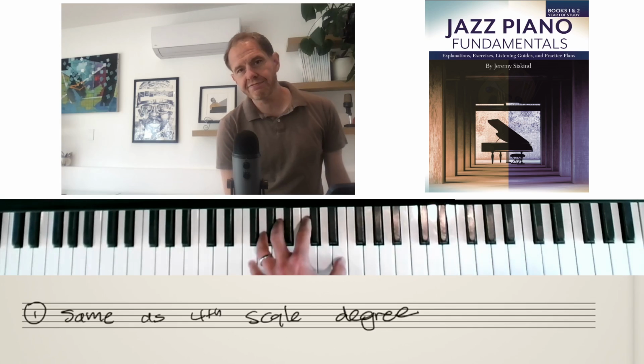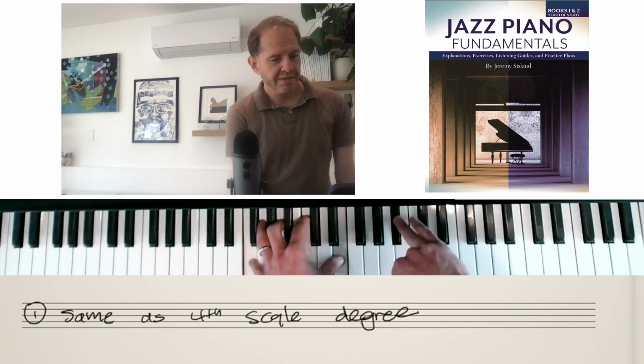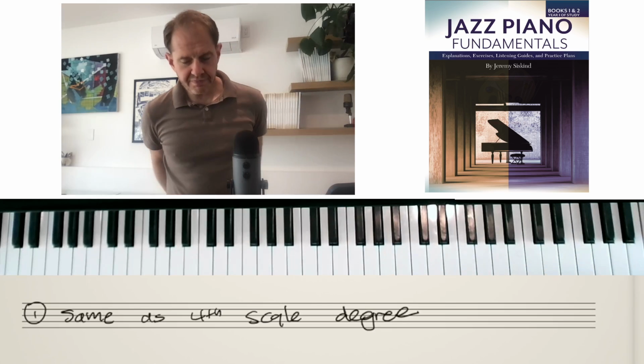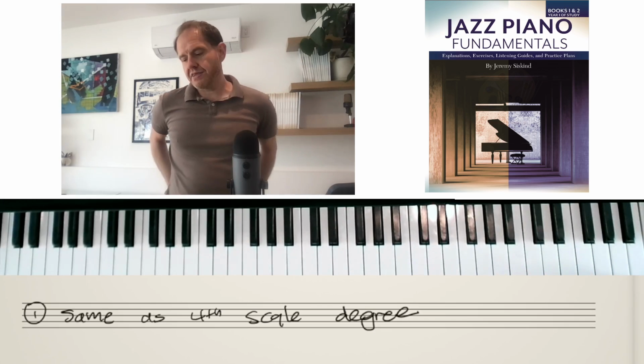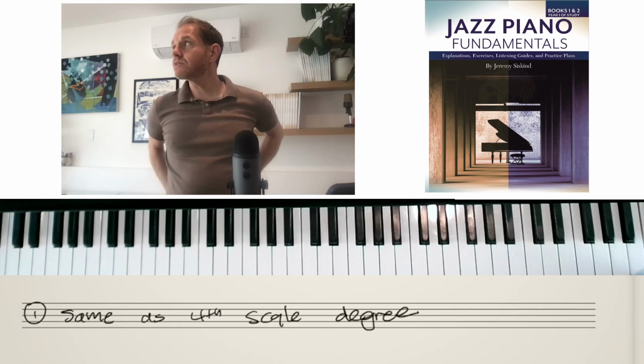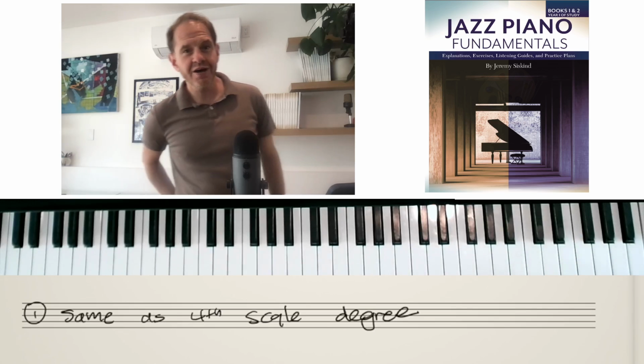F, G, A, B flat. That B flat is the 11th. Whenever you're thinking about upper extensions, the 9th, the 11th, the 13th, you can subtract 7 and you will get the simpler number of the scale.